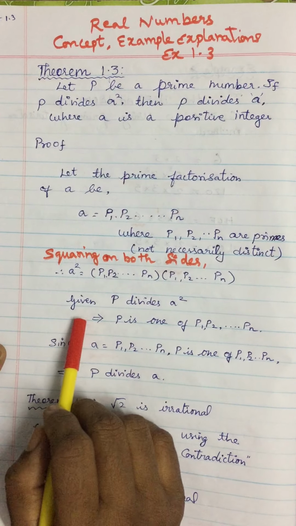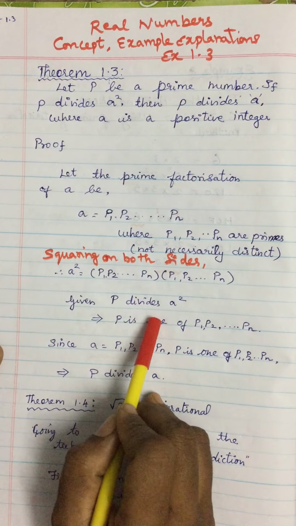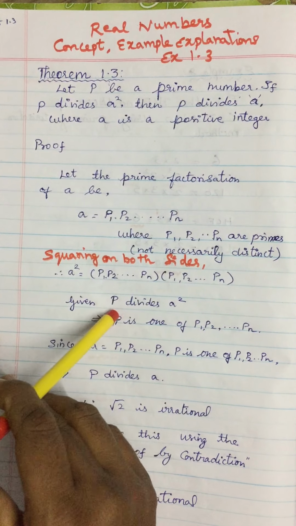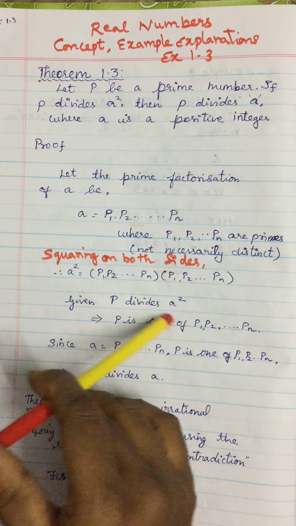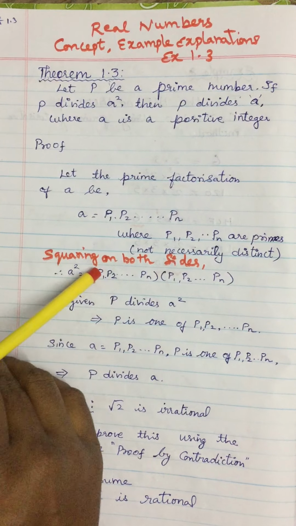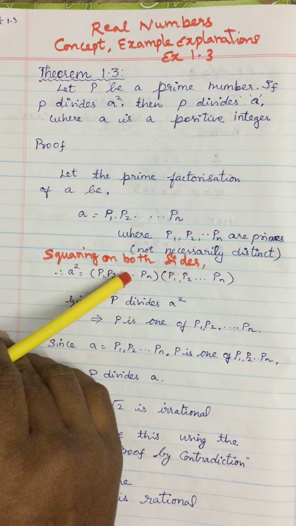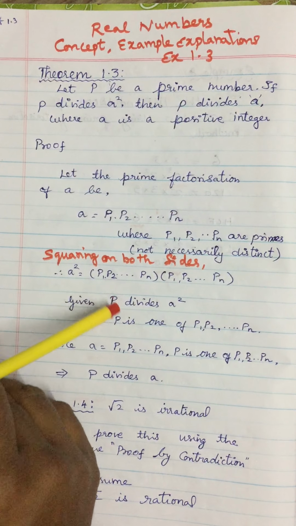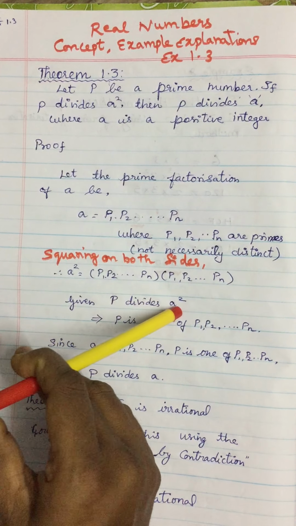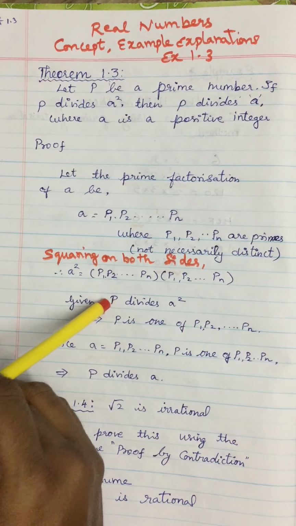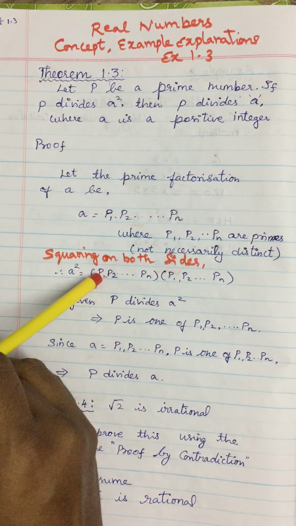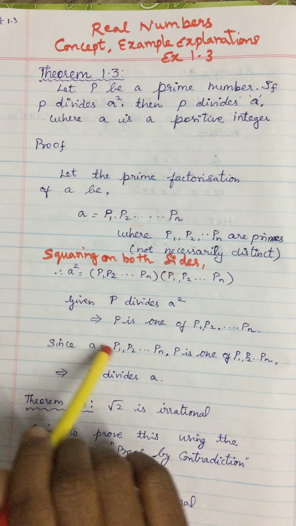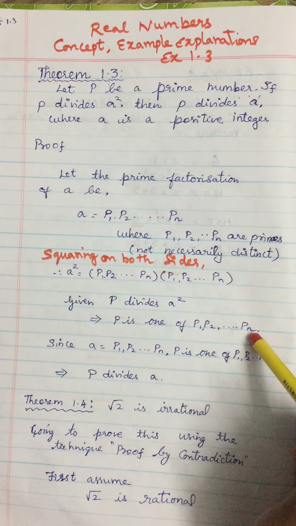Therefore, it is given in the theorem P divides A square. So when you say P can divide A square, already we have seen the prime factors of A square. They are nothing but P1, P2, etc. Pn, and again P1, P2 is repeating here. So whenever you say P divides A square, then this P should fall with one of these prime factors, right? Therefore, P should be one of P1, P2, etc. Pn.